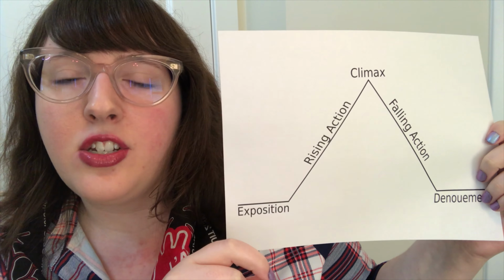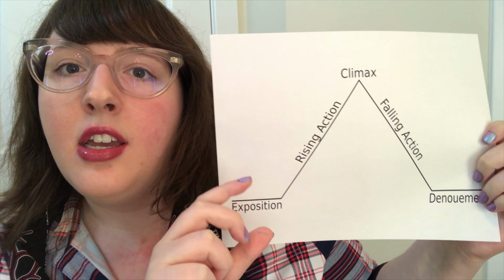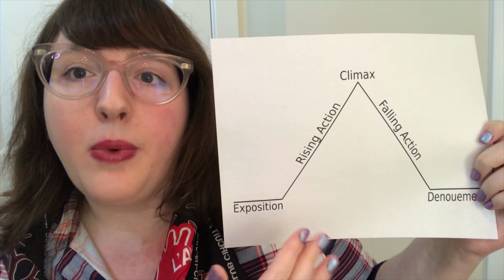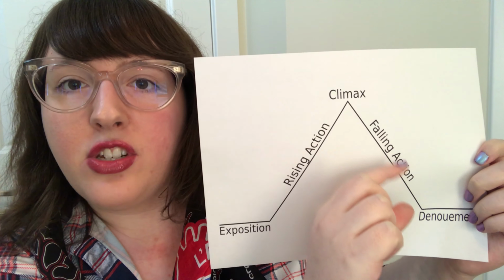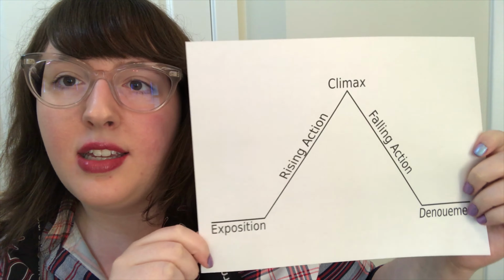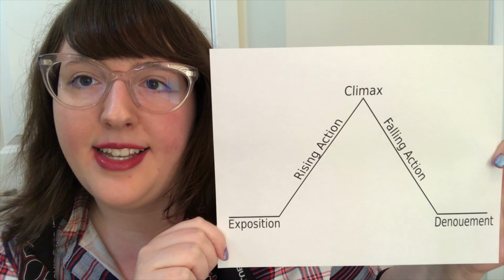And your falling action is going to be pretty short. It doesn't take long to get from the climax to the resolution. That's why I don't find this way of thinking about it as helpful. The falling action should actually be much shorter than the rising action.